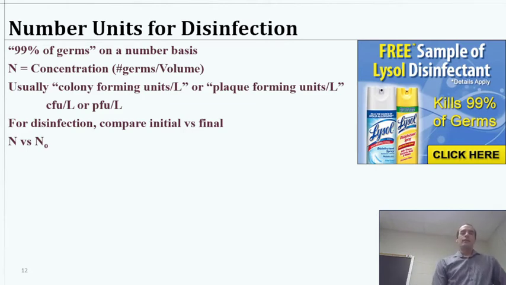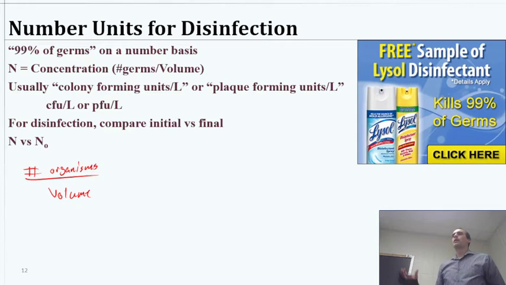So in this case, rather than using a mass, and obviously the mole stuff is a number unit too, for disinfection we're going to manipulate it a little differently or consider it a little differently. Here we're going to have some number of organisms typically per volume. And a lot of times we'll be comparing between what we started with and what we ended with.